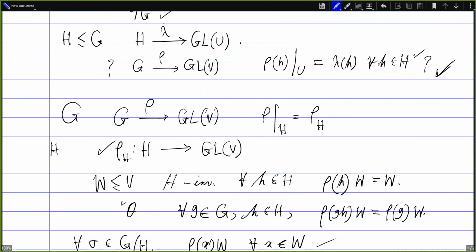In the next video we prove that given any representation lambda, there is a representation rho which satisfies this in the obvious sense, and such a rho is unique up to isomorphism. So the question we started with, the answer is affirmative. In the next video we see that it indeed exists and is unique. Okay, with that I will stop.